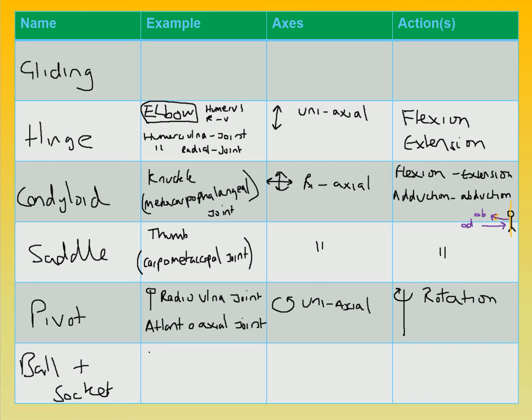The ball and socket joints generally would be your shoulder and your hip. They do have specific examples. So the shoulder joint would be called the glenohumeral joint.